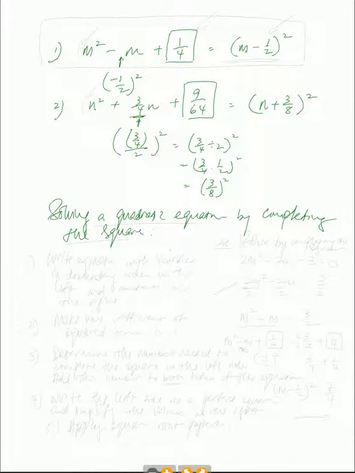So let's write down the procedure. There are 5 steps involved. Let me write down the steps and then we can apply it to the problem. So the first thing I want you to do is to write the equation with variables in descending order on the left and constants on the right.